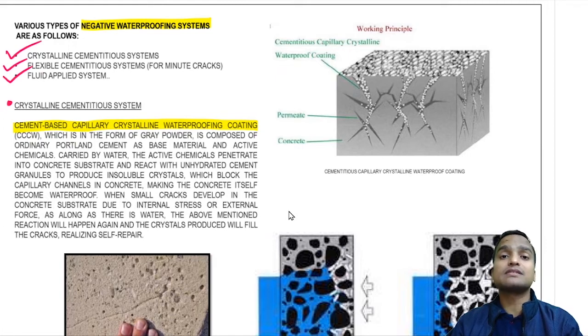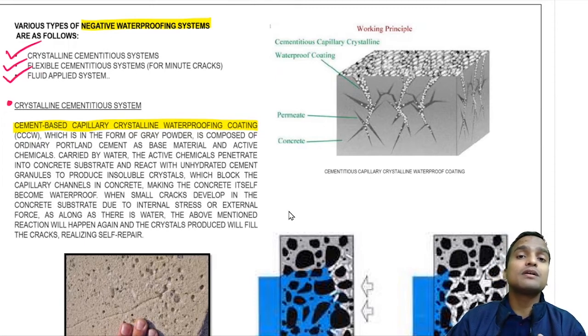So wherever there are cracks, either honeycombing or major or minor cracks or any type of voids in the cement concrete, these crystalline based cementitious systems will start forming crystals, and they will permeate through the concrete and try to fill the entire holes, cracks or honeycombing, whichever are the potential sources of water supply from the external system to our structure.